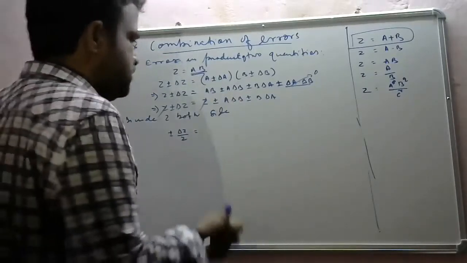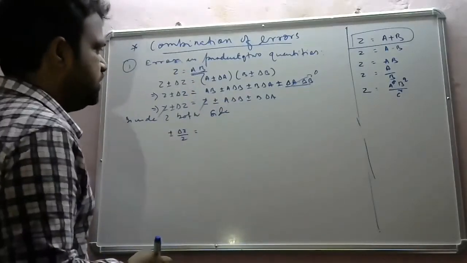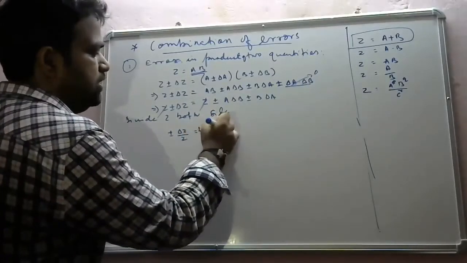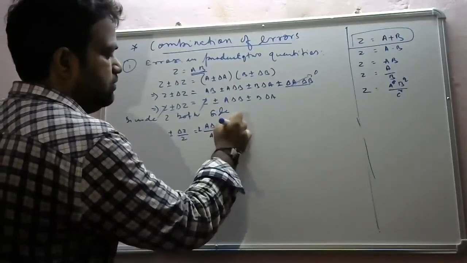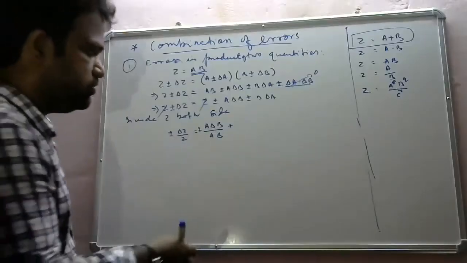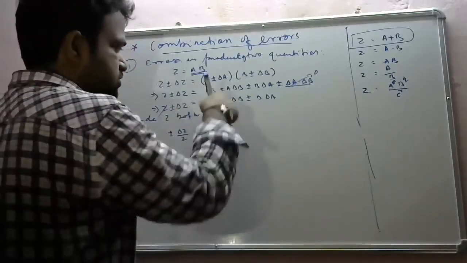That's why I'll divide by AB instead, because AB is equal to Z. So I'll divide AB: A delta B by AB, and B delta A by AB. On the left side I have divided by Z, on the right side I am dividing by AB because Z is equal to AB, since it will be easier for me to cancel some quantities.